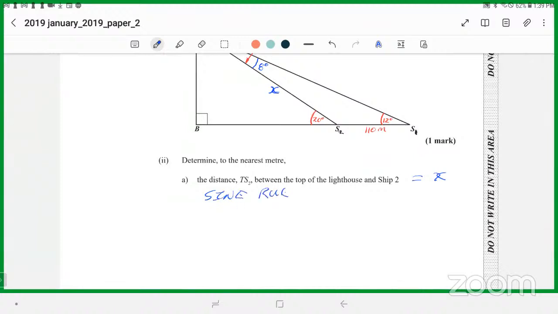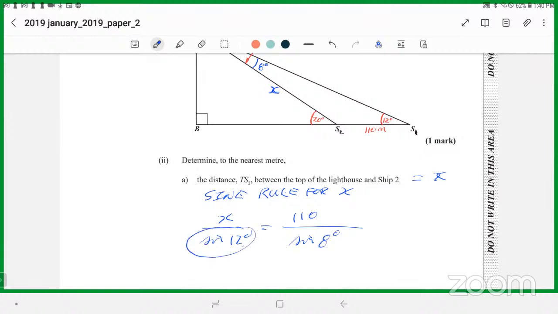Sine rule for X. I'm calling it X. Start with what you want. X over sine of the angle opposite the X, which is 12 degrees. See? The angle opposite the X is 12 degrees. Equals the distance that we know, 110, over sine of the angle opposite 110, which is sine of 8 degrees.